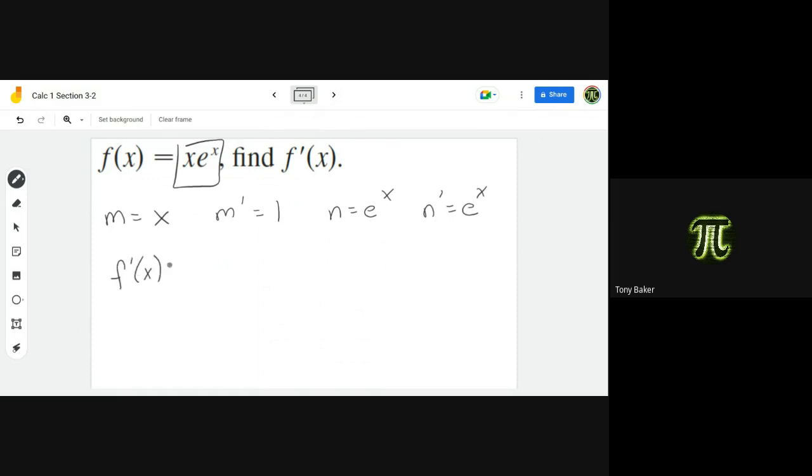So it's the derivative of the first, so 1 times the second, plus the derivative of the second times the first. So m prime times n plus n prime times m.